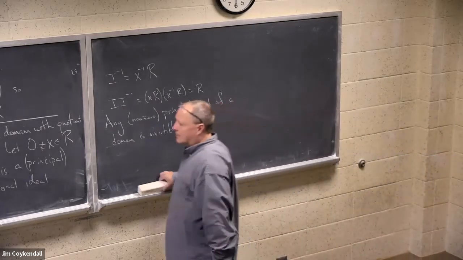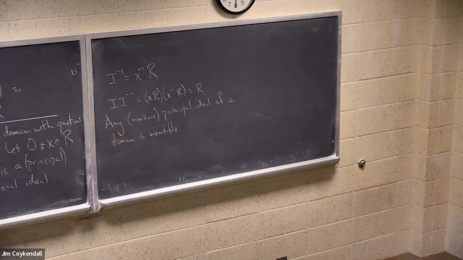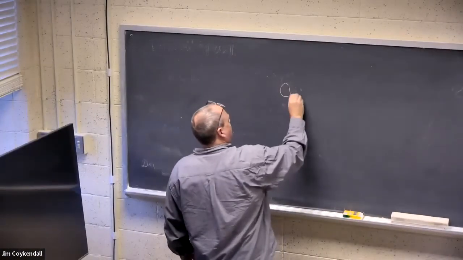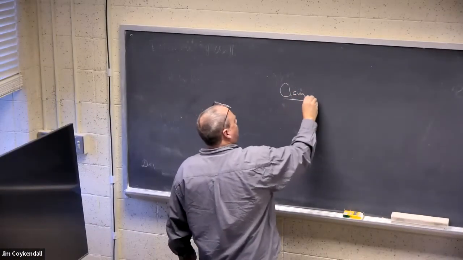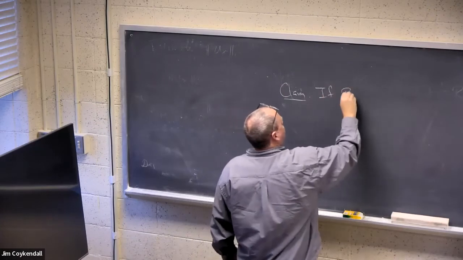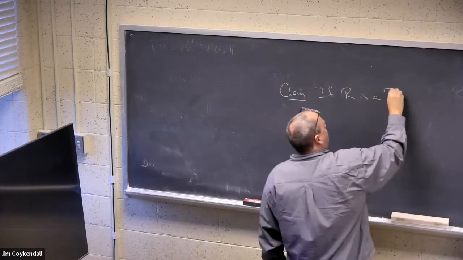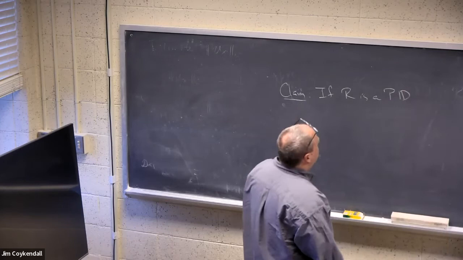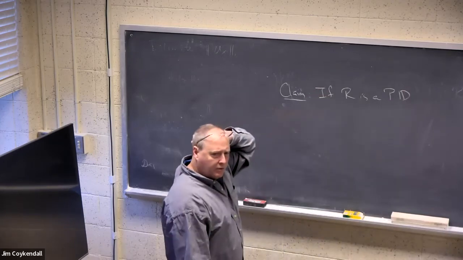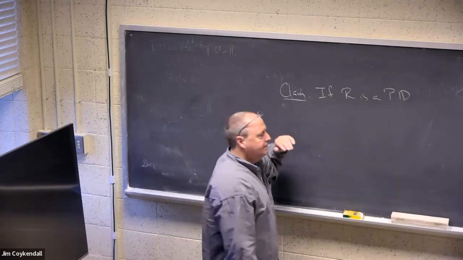So let me throw in kind of a little unnumbered theorem here. Claim, and this will actually illustrate something for us. Suppose R is a principal ideal domain.